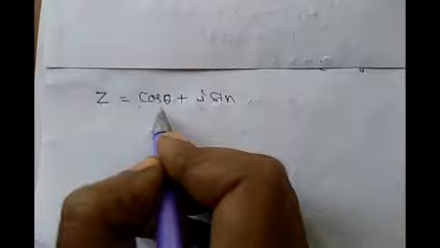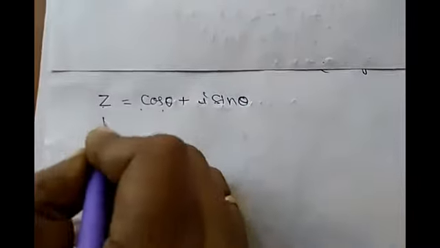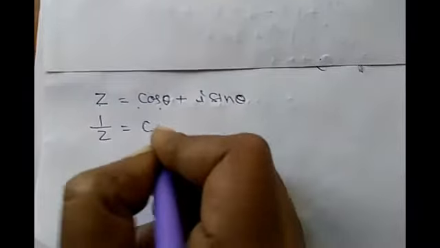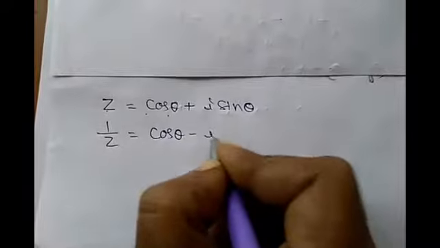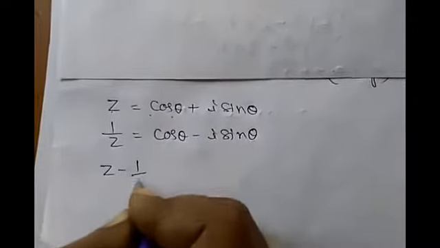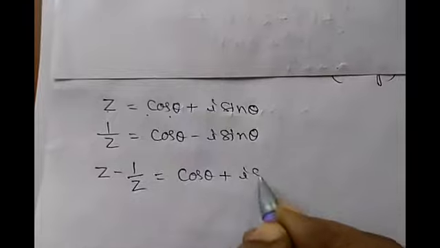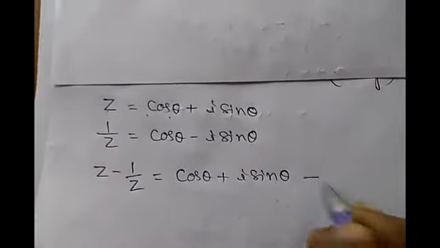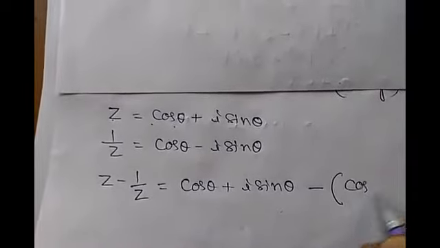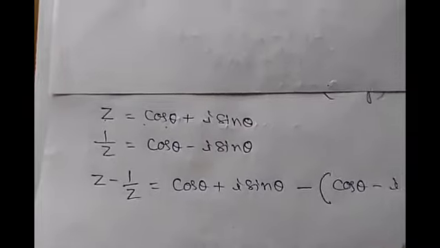Now z is equal to cos theta plus i sin theta and 1 by z is equal to cos theta minus i sin theta. z minus 1 by z equal to what? z minus 1 by z is equal to cos theta plus i sin theta minus of cos theta minus i sin theta.